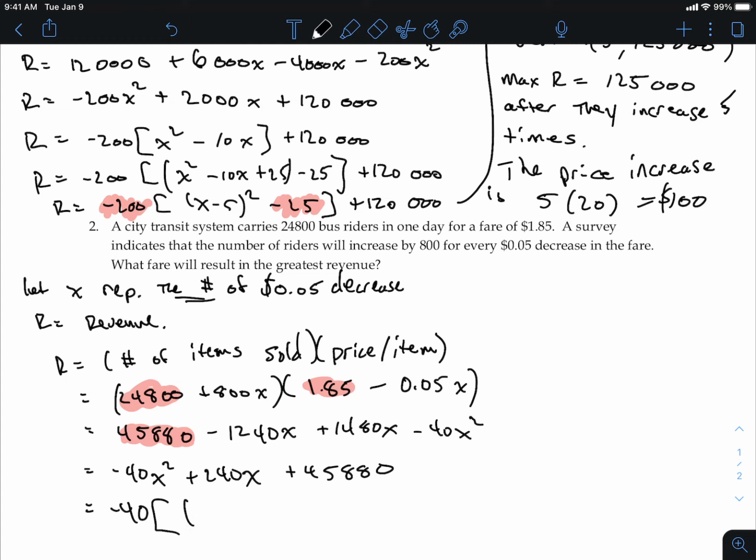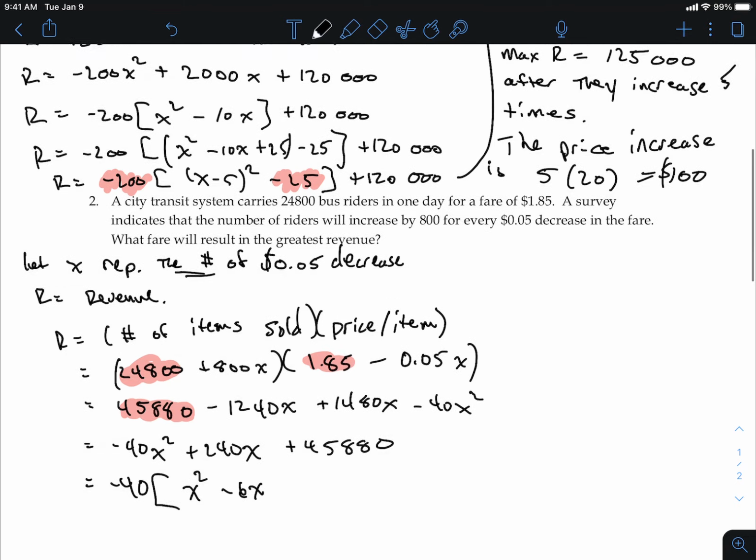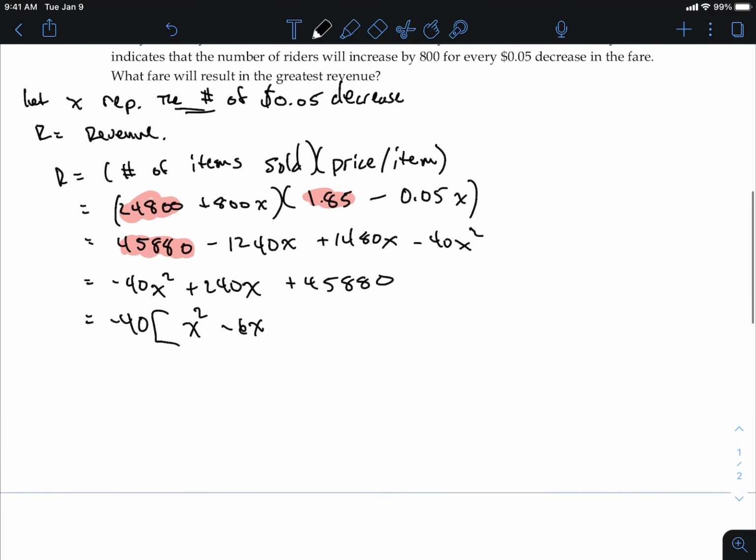You're going to get x squared minus 6x, and you're going to leave the number on the end alone, like usual, plus 45,880. Now, go find your z value, because x is by itself now.